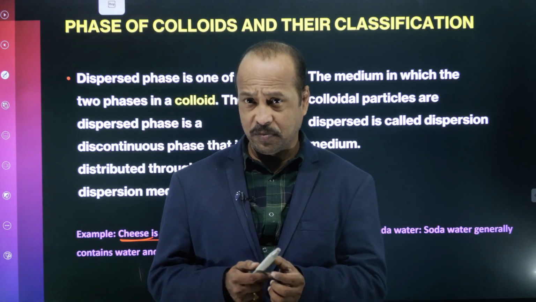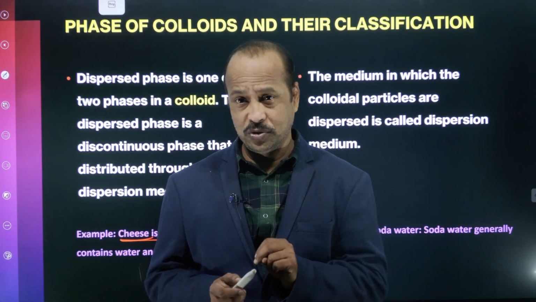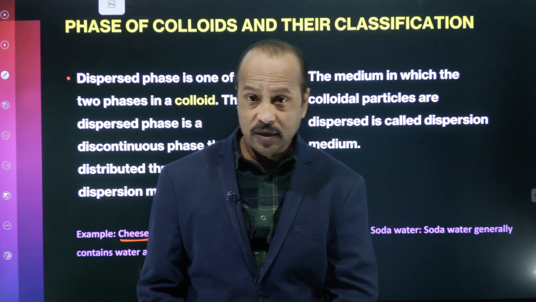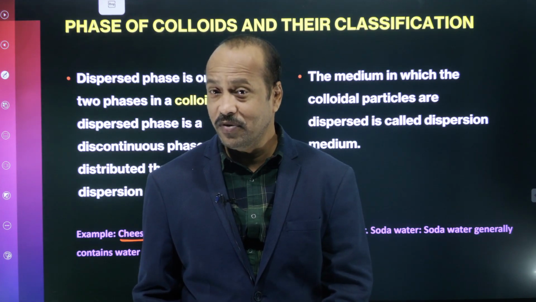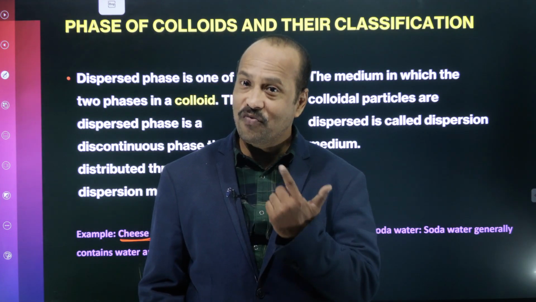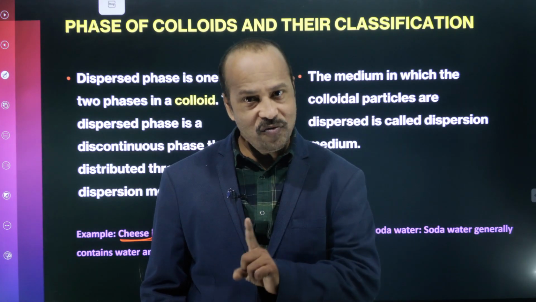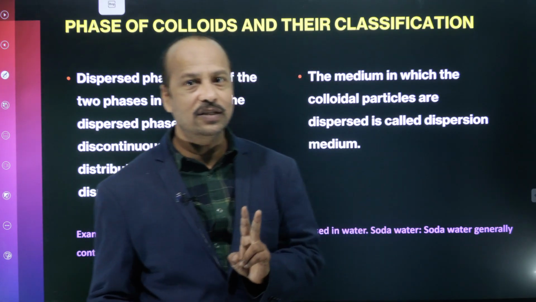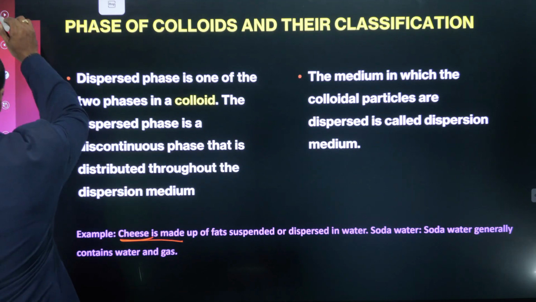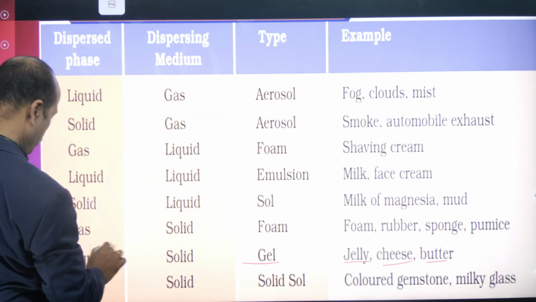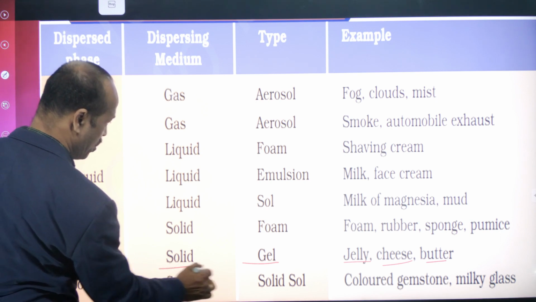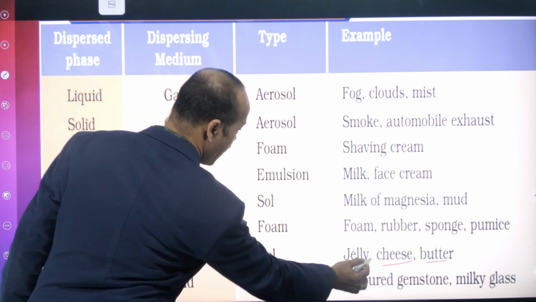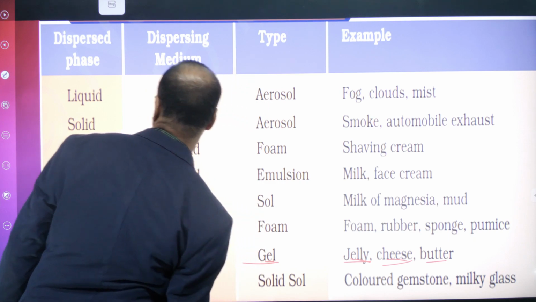What is this cheese made up of? It consists of two components, students. One is water, the second is fat. Water and fat. These two combine to form the cheese. So you see liquid and solid. That is called gel, like jelly, cheese or butter.